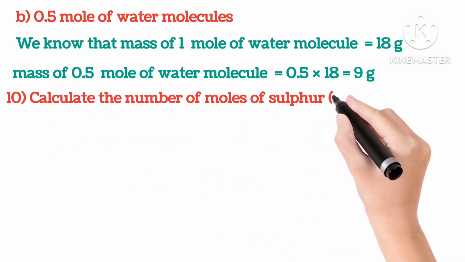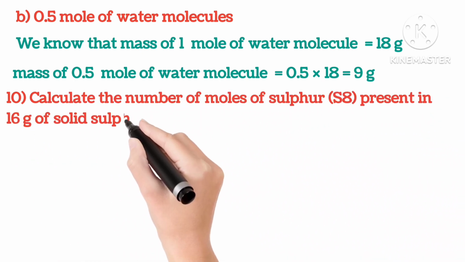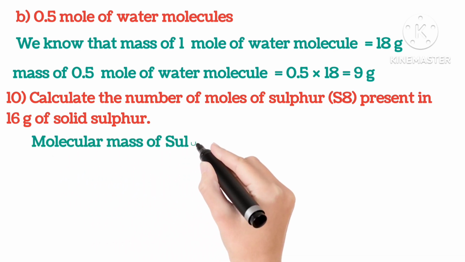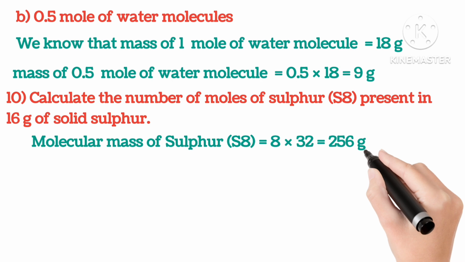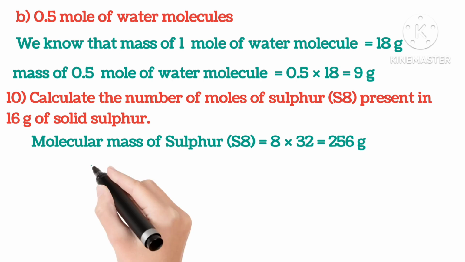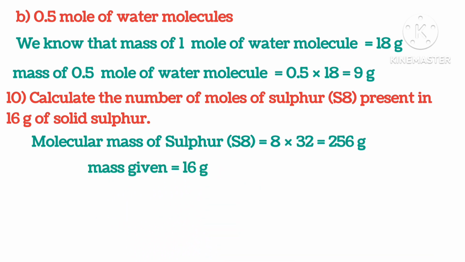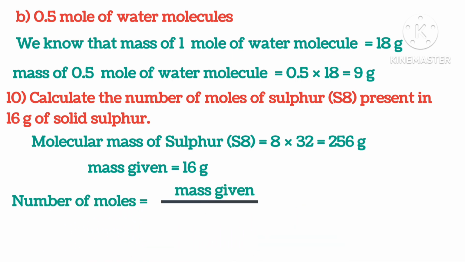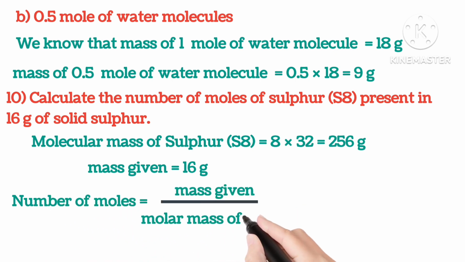Calculate the number of moles of sulfur S8 present in 16 grams of solid sulfur. Molecular mass of sulfur S8 is 8 into 32, 256 grams. Mass given here is 16 grams. So number of moles will be mass given upon molar mass of sulfur.